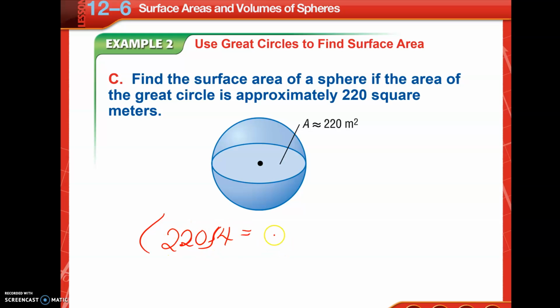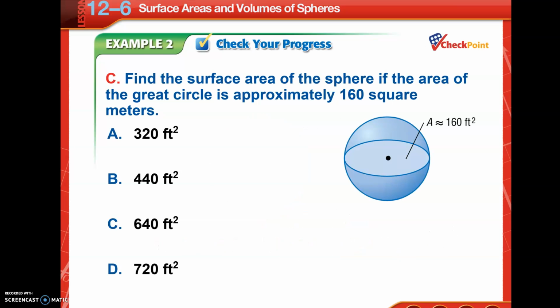So 4 times 220 is 880 meters squared. Same thing works here. If I look at this, the area of this great circle is 160, 4 times 160 is 640.